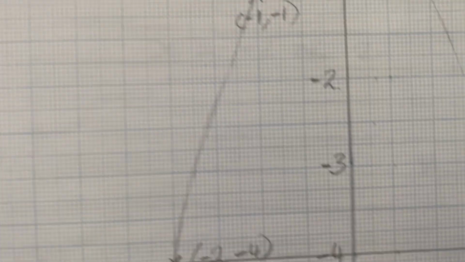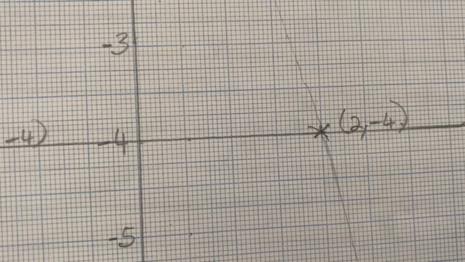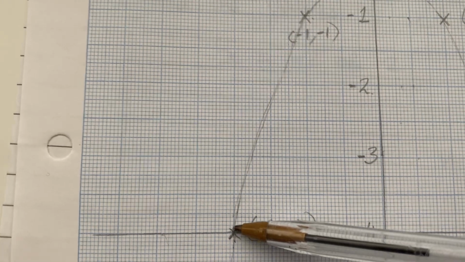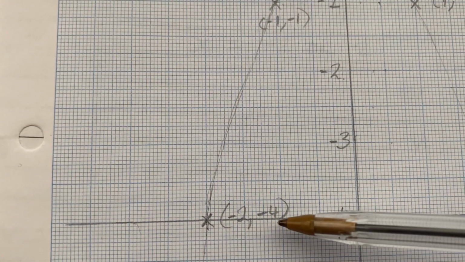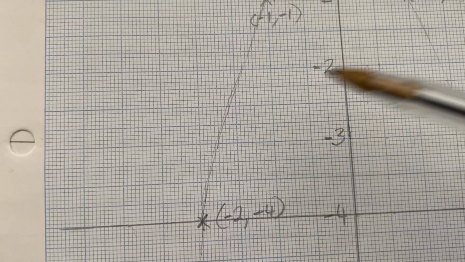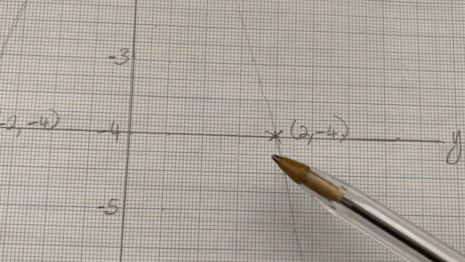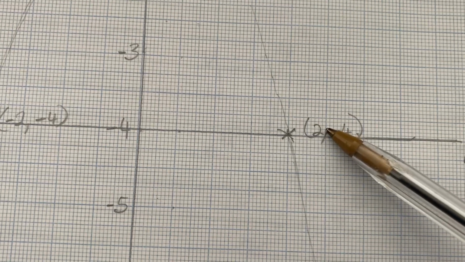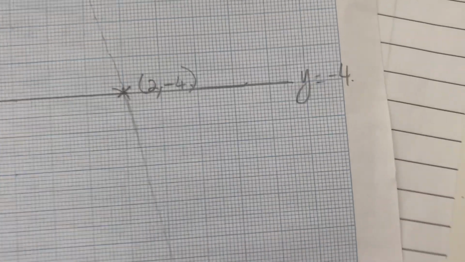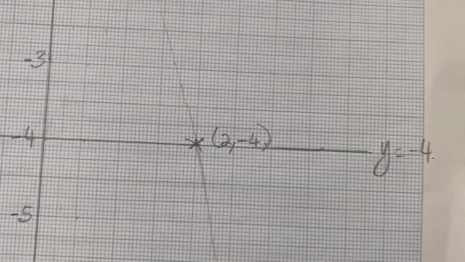So you come and draw the line y equals minus 4. So you realize that when x is minus 2, y is minus 4, and it's one of the points you plotted. And then when x is plus 2, y is minus 4. So for y to be minus 4, that is the line y equals minus 4 here.